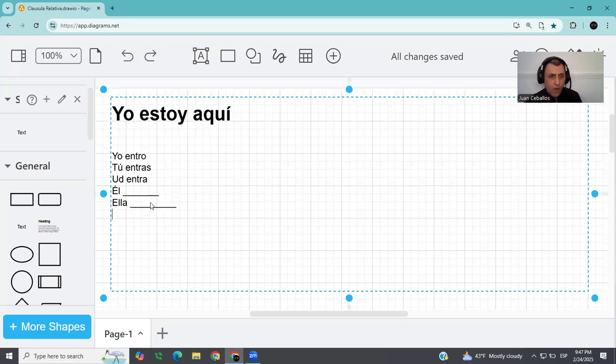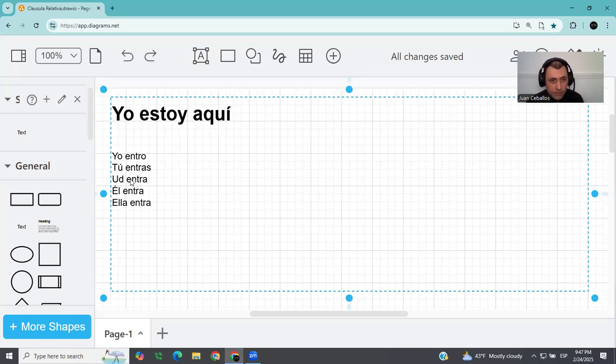The reason why some books do this is because second person formal, which is usted, singular, will be entra. Third person masculine singular will also be entra, and ella entra, which is third person singular feminine.